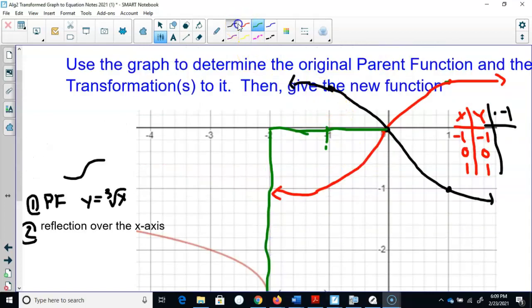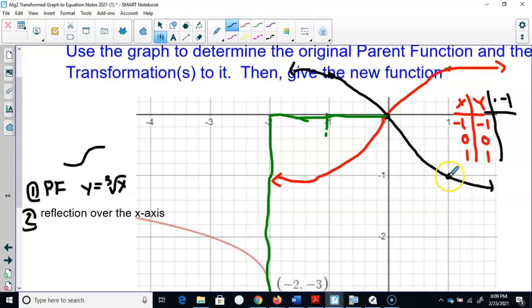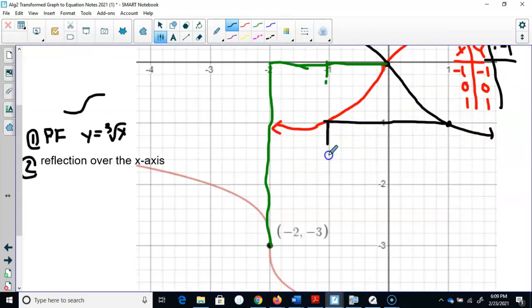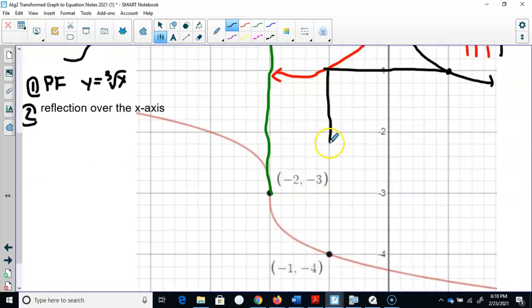Let's check our other points here. Now remember, I'm working with the black graph here because I've already reflected it over the x-axis. So I want to check and see, did these points move to the left 2, down 3 as well? So if I go to the left 2, down 3, I get there.